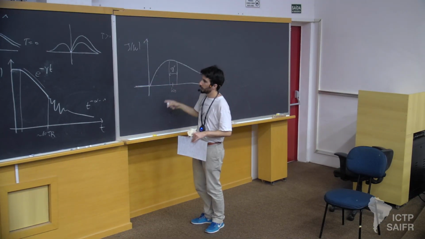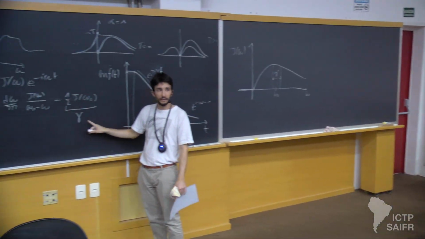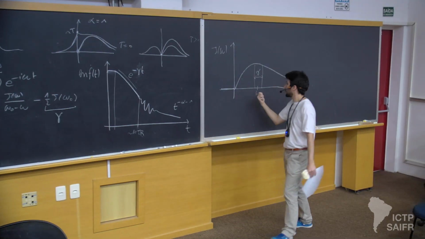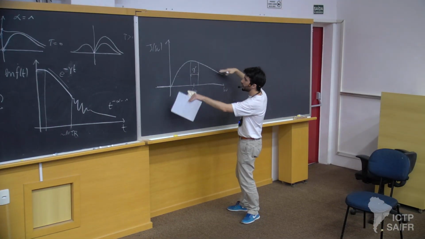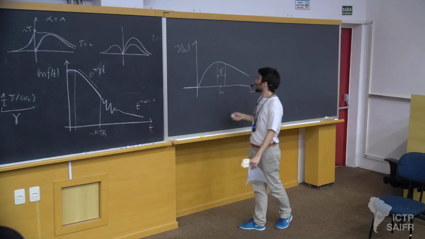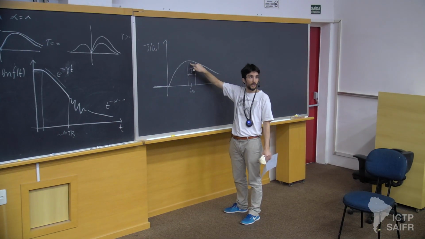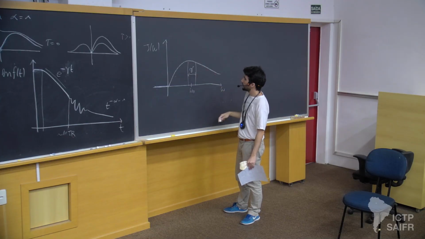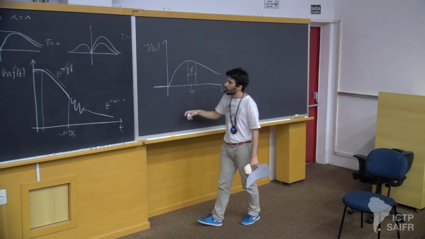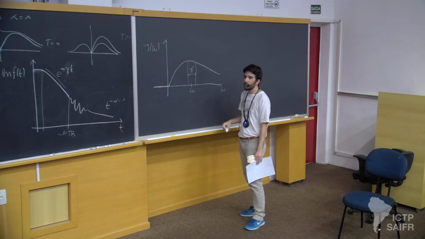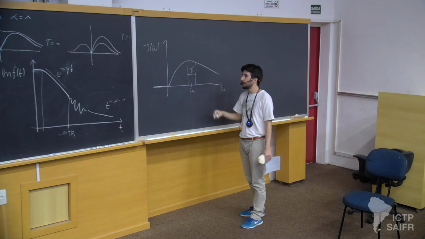Indeed, for instance, the decay rate itself is determined by the value of the spectral density at that frequency. Whatever happens around here in this intermediate regime is irrelevant. Vice versa, if something drastic happens here, then you're going to feel it. Basically, all these power law behaviors are caused by non-analytic points in the spectral density.